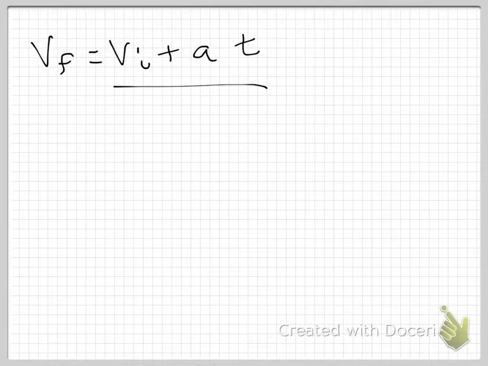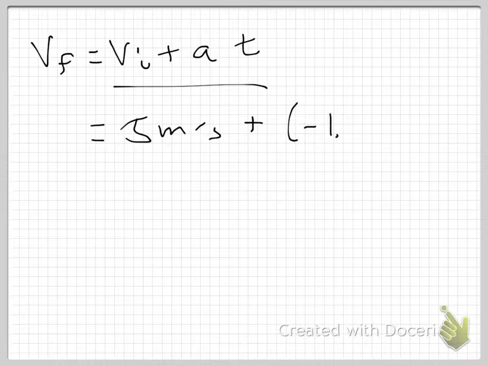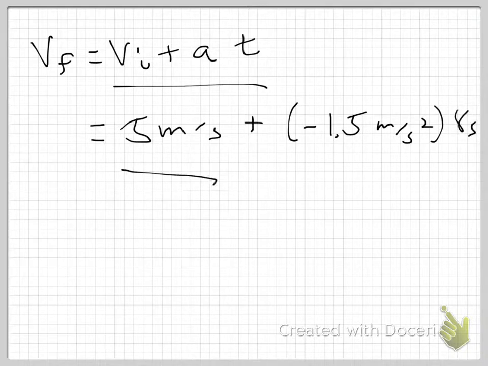If you want a numerical solution, you plug in the numbers: 5 meters per second plus minus 1.5 meters per second squared times 8 seconds. And the same thing happens here. This term is constant, right? This part of the equation is constant.